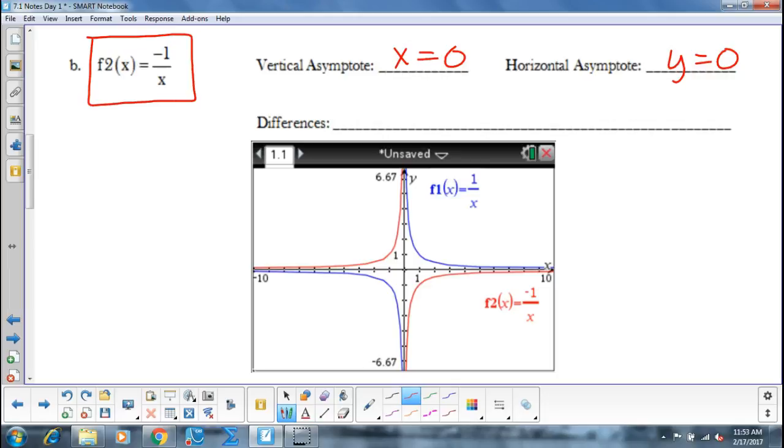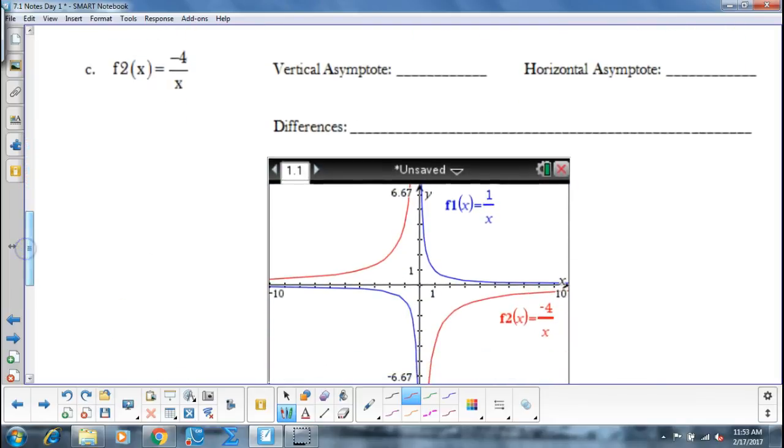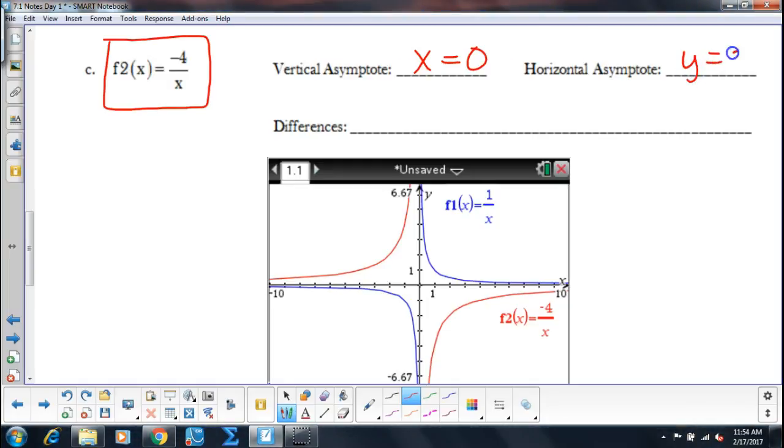Either way. Okay, next one. Now this is my red. Vertical asymptote: still x equals 0. Horizontal asymptote: still y equals 0. We flip-flopped it, right? We reflected it, and it's got a little bit larger outputs.